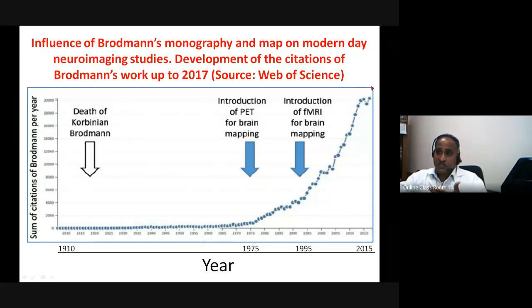So 6 years from then, maybe if I plot another 6 years, it will have many more citations than before. What I mean to say is that the work done by Brodmann a century or 120 years back has now found the light of day and is in demand, especially with the imaging techniques we know.